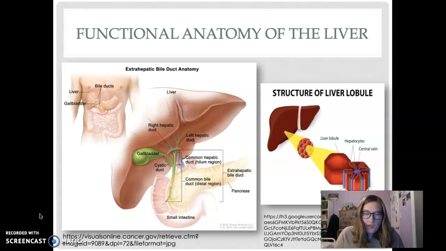The liver has both a left and a right hepatic duct inside of it, both of which converge to form the common hepatic duct, leading to the common bile duct that not only receives bile from the gallbladder, but also converges with the pancreatic duct and ends inside of the duodenum of the small intestine.